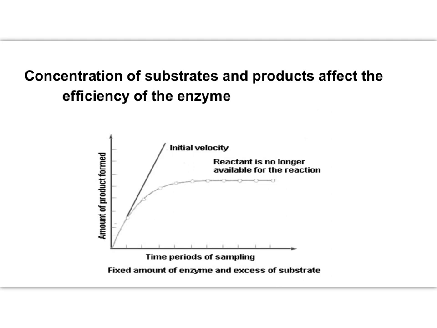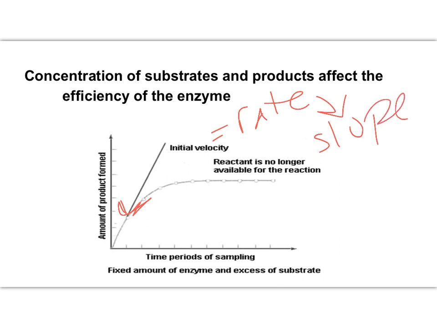So if we look at this particular graph here, you can see here in the beginning is my initial velocity, which is another term for rate, right? And I could calculate the rate here by doing, I hope you're saying this at home, slope, right? And so what's happening here is my rate is going up really quickly.